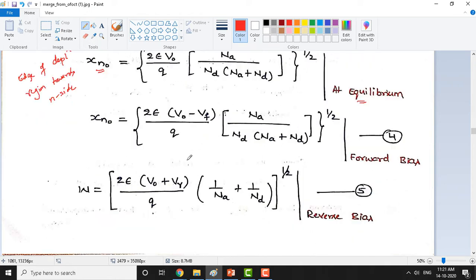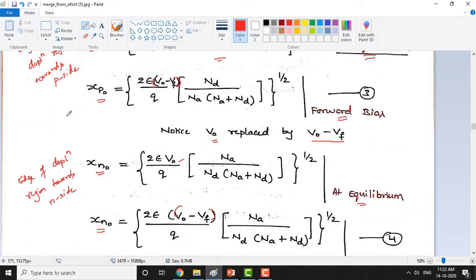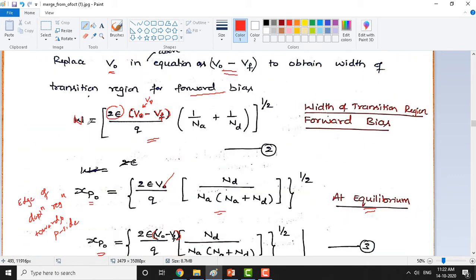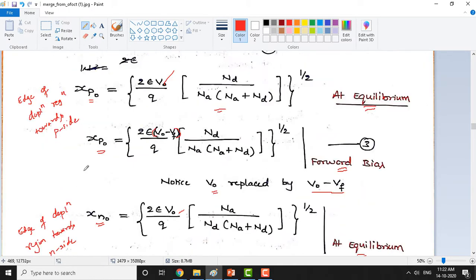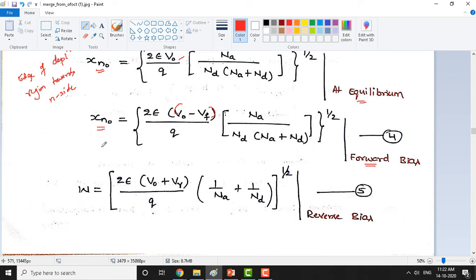Once you modify this V naught with V naught minus Vf, the new equation for the edge of the depletion region towards the N side is this. This equation also you need to remember for forward bias condition. We have totally 3 equations now: one is W for the forward bias condition, which is equation 2, then equation 3 and equation 4.